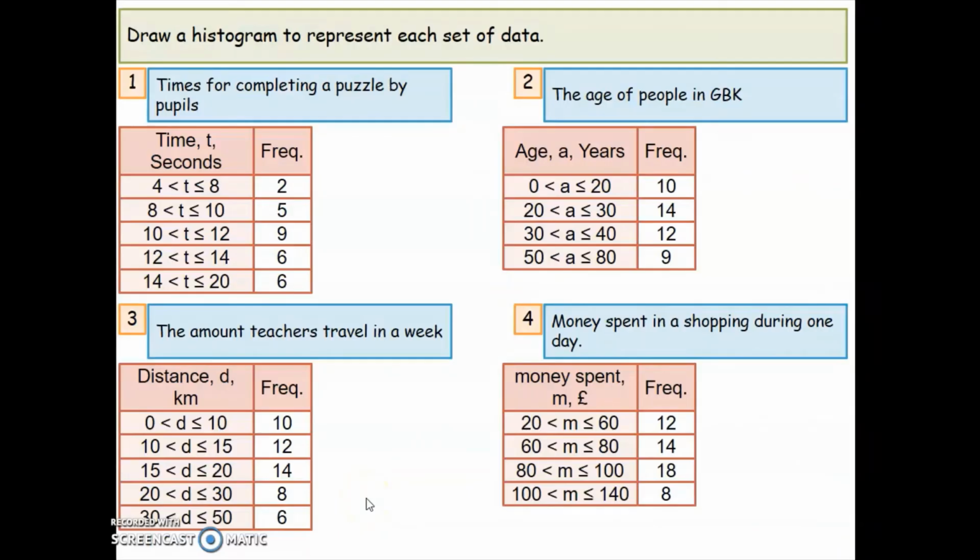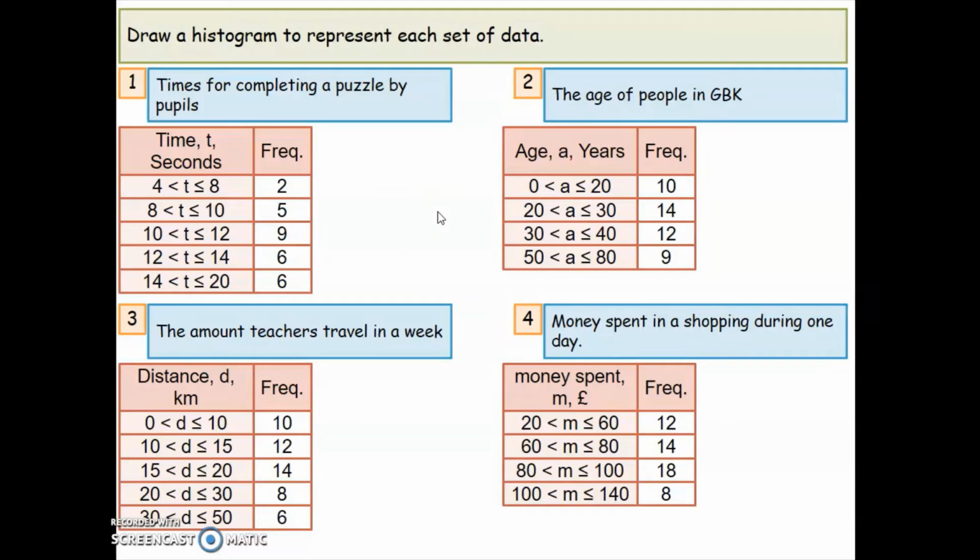Okay, let's have a go at 4 questions. I've put on the screen 4 sets of grouped data. For each question, I would like you to complete the table by adding your 3rd column and adding your 4th column, and then completing the calculations which will complete the table.